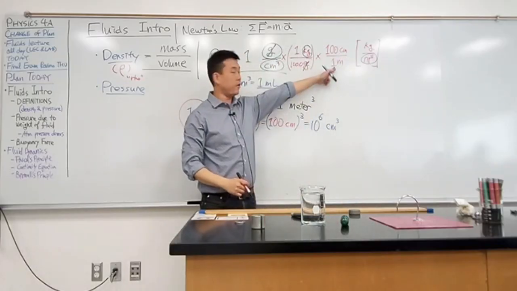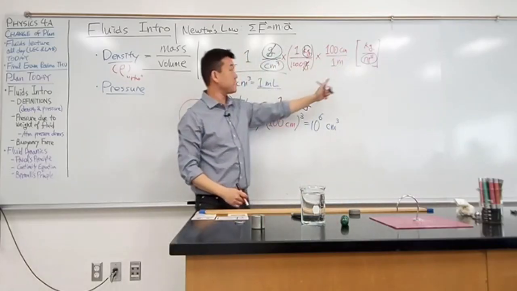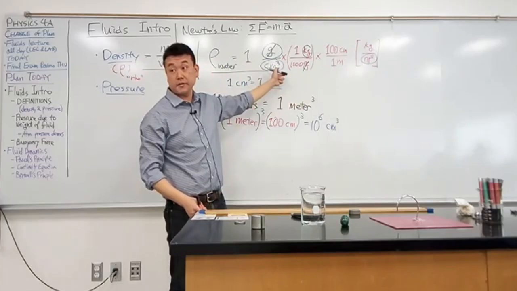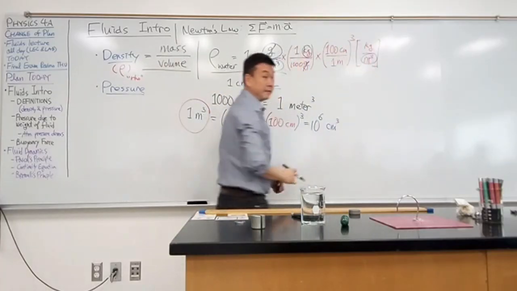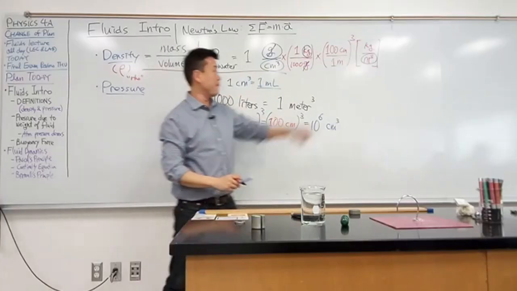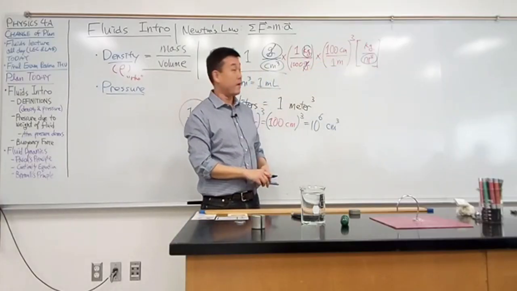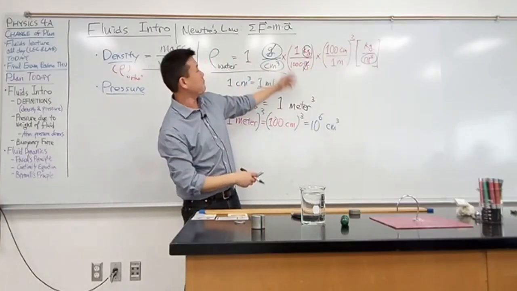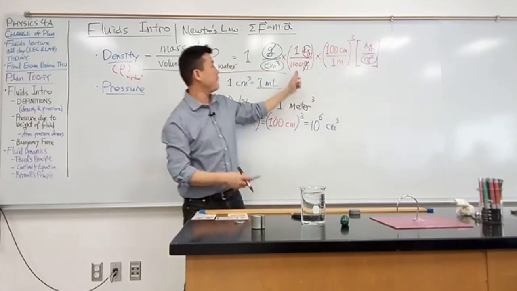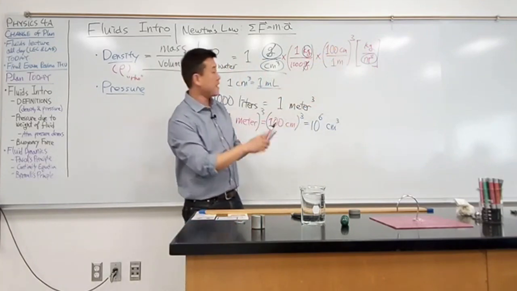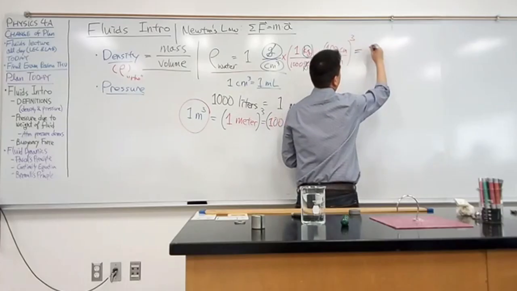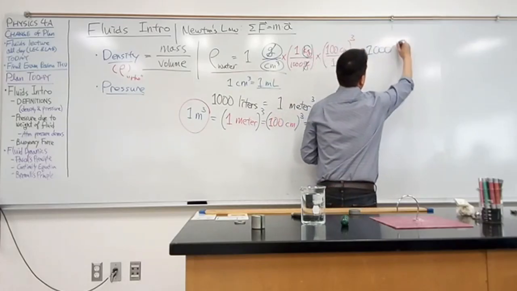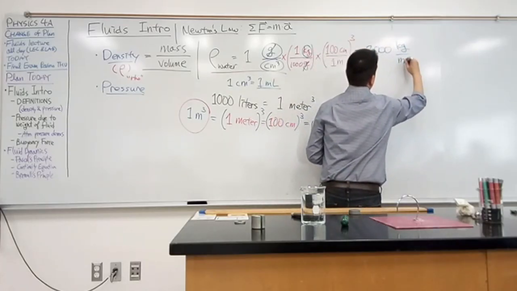But a single factor of this is not enough, because I have 3 factors of centimeter. So I need to raise this to the power of 3. And when you do that, you remember to raise 100 to the power of 3 as well. So when you work out the numbers, it's 1,000,000 divided by 1,000. That's how you end up with the basic SI version of 1,000 kilogram per cubic meter.